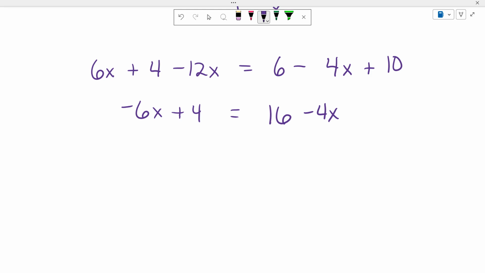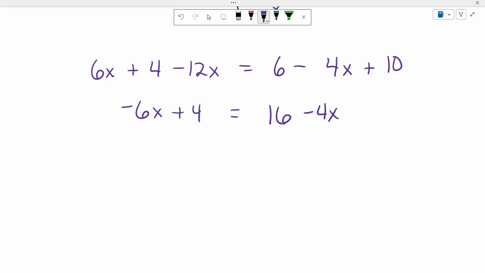I'm saying what's worse, owing $6 or $4? Owing $6. Okay. So since $6 is worse, we need to move the 6x, negative 6x.